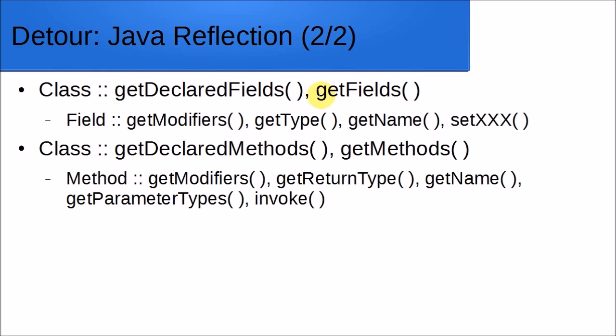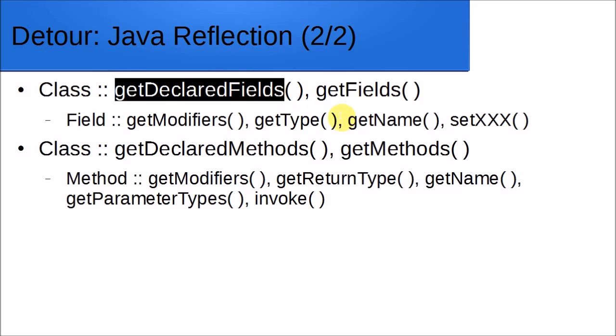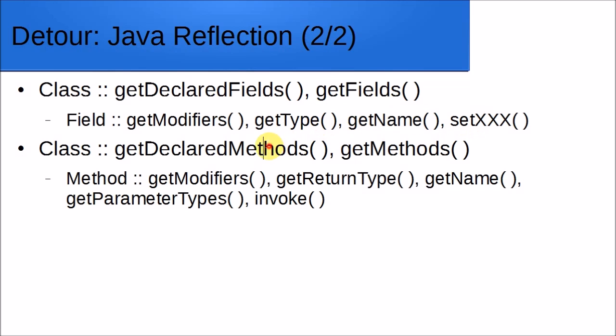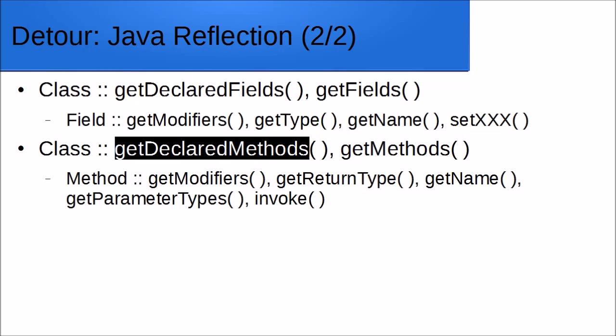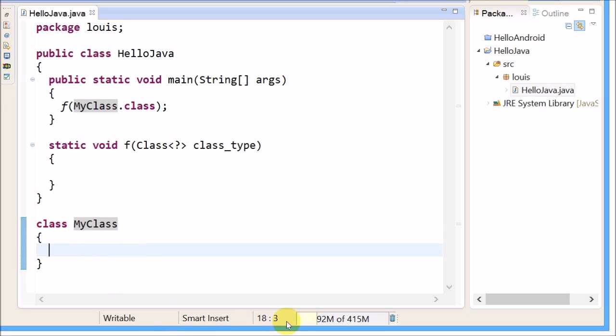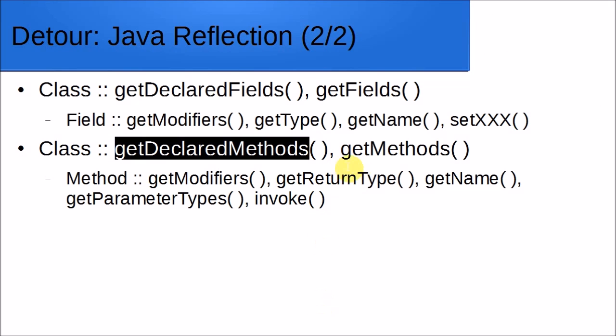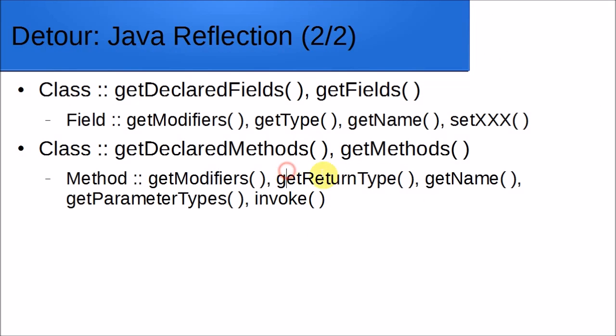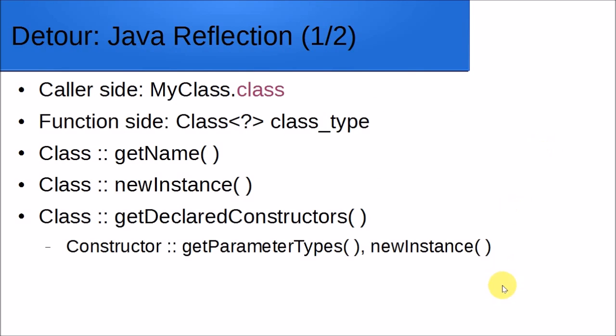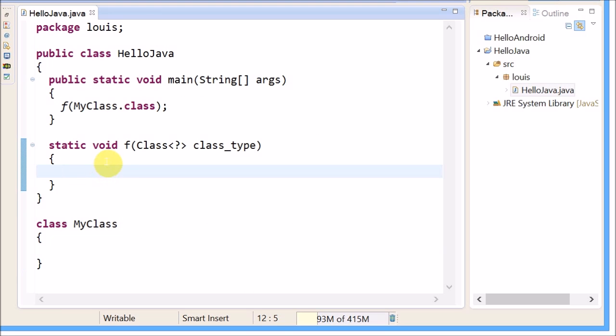You can get all the fields and set those fields. You can get a list of all the methods and call those methods via invoke. Okay, so the short answer is, what can you do here? Inside of f, you can do anything.